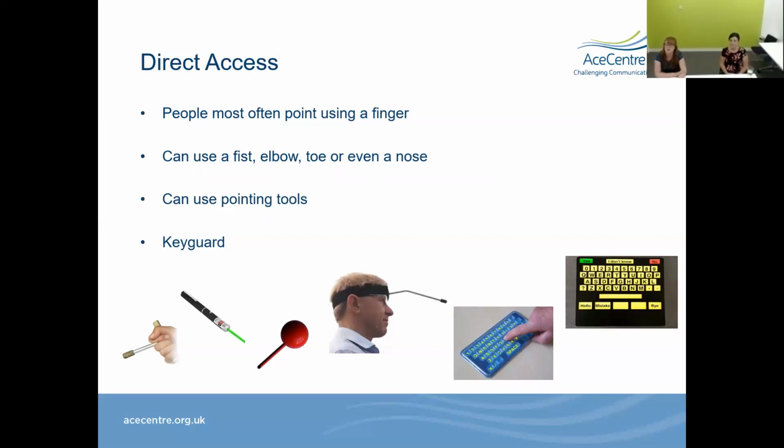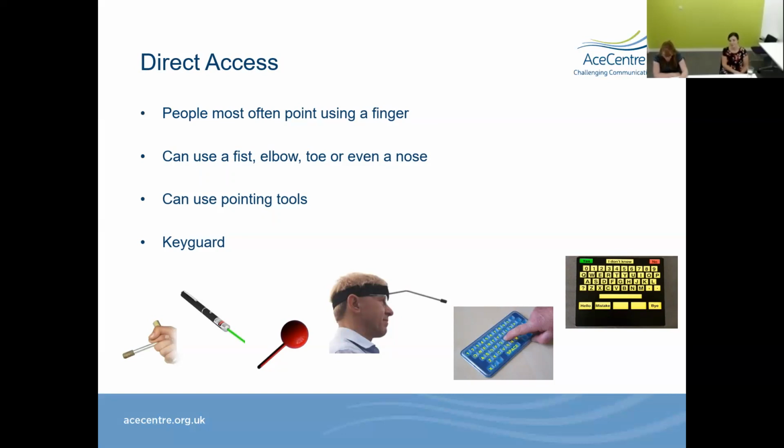Another thing which is worth thinking about is a laser pointer. So there's a little picture of that there. So somebody might attach a laser to their glasses and be able to move their head. They may have no movement of their arms at all, but they can still quite accurately directly access their alphabet chart just as they always did. So that's worth a try as well. You could always pop it up on the wall and they can access it from bed, for example.